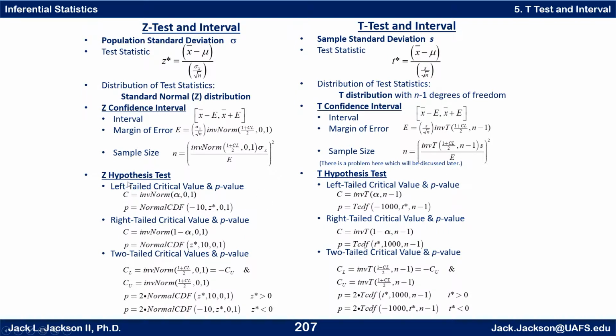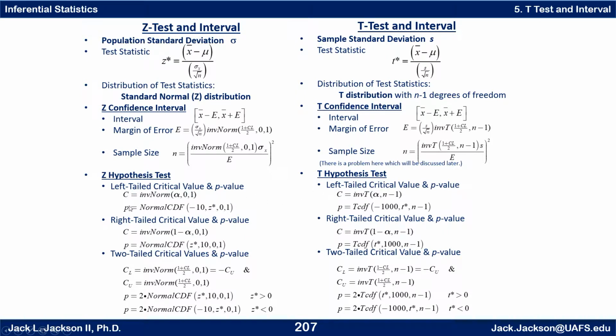The hypothesis testing for z: if it's left-tailed, we have one critical value, which is just inverse norm of alpha, 0, 1. For a left-tailed t-test, the critical value is just inverse t of alpha, n minus 1 degrees of freedom. We just changed inverse norm to inverse t, same thing.